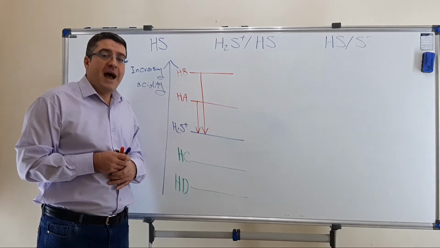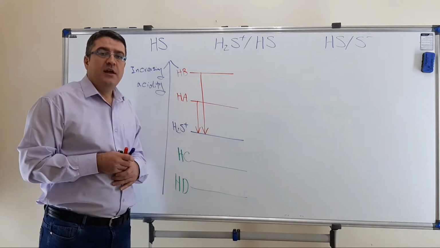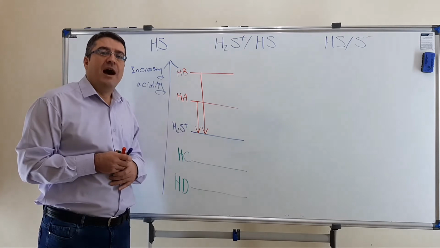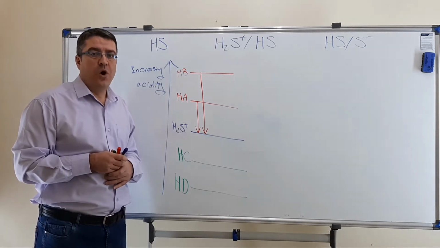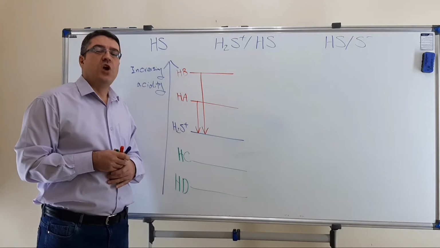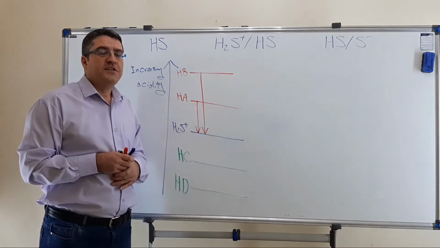In sulfuric acid as the solvent, the strongest acid that we can have is the conjugate acid of H2SO4. It is H3SO4+, and so on. All acids stronger than the conjugate acid of the solvent are leveled with the conjugate acid of the solvent.